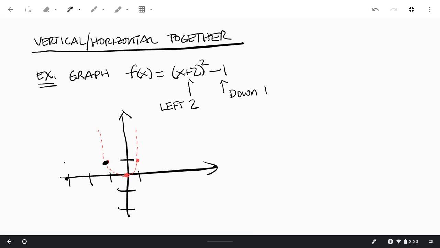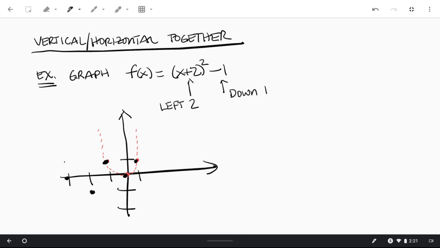Going to take that middle point over here and shift this point 2 to the left and down 1. And doing that for the third point on the right, take it 2 to the left, 1, 2, and down 1.